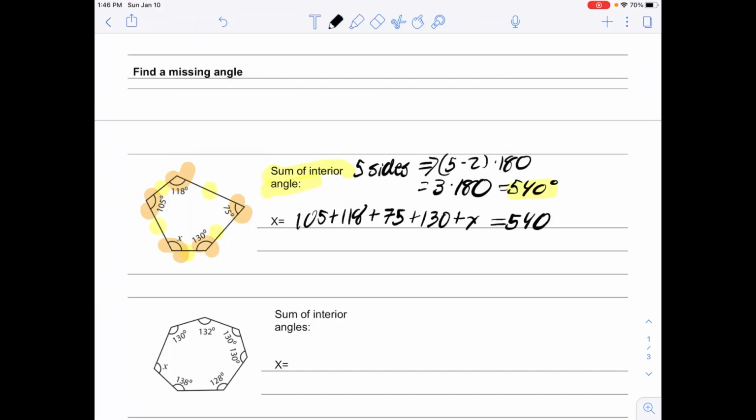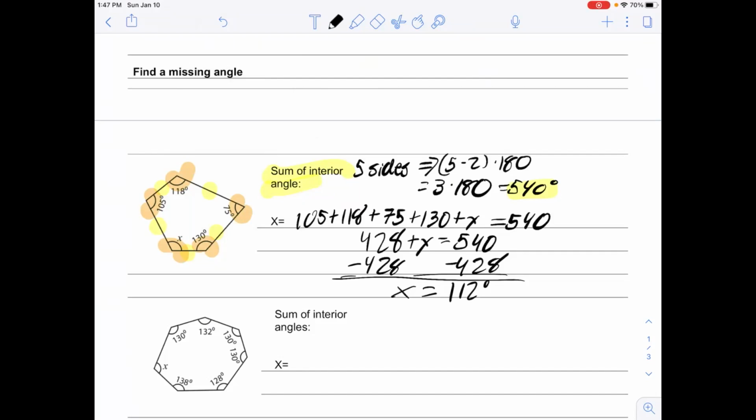So now I can just take my calculator and do 105 plus 118 plus 75 plus 130. That gives me 428 plus x equals 540. So to find x, I just subtract 428 from the 540, and I get that x equals 112 degrees.